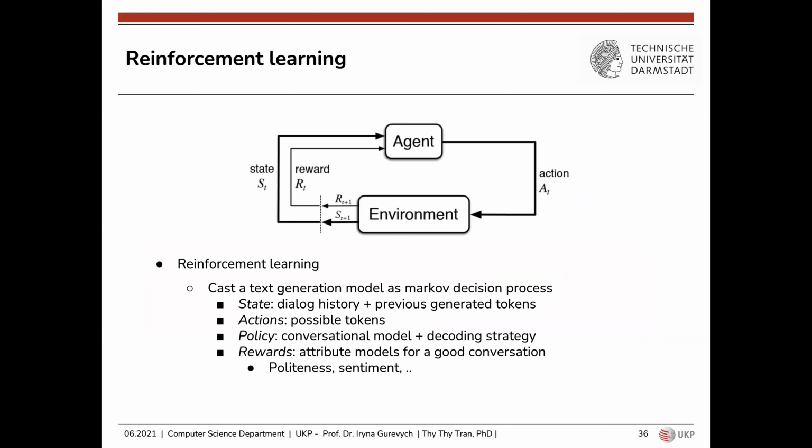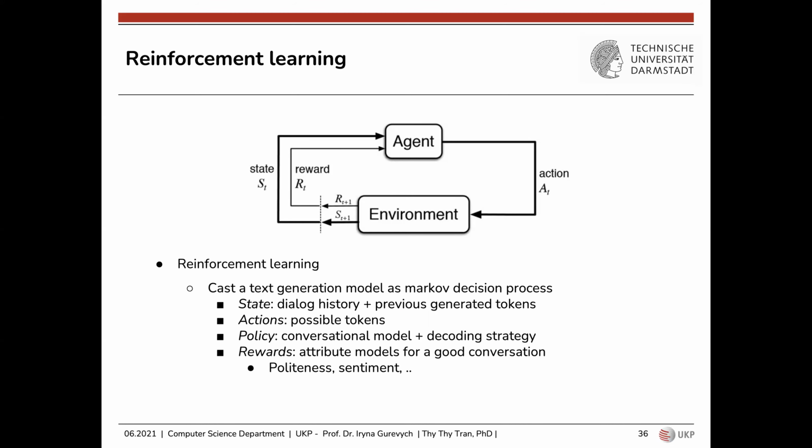We can also define the design attributes as reward signals to learn a model using reinforcement learning. In reinforcement learning, the model takes the current state, which is the dialogue history and previously generated tokens, as input and selects an action.